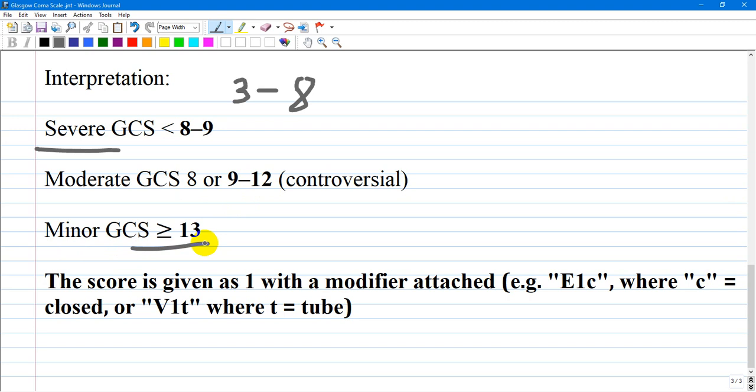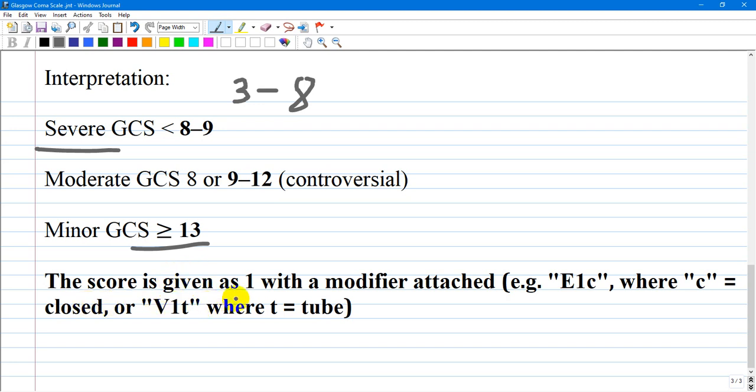For example, patients with tracheal intubation and severe facial or eye swelling or damage make it impossible to test the verbal and eye responses. In these circumstances, the score is given as 1 with a modifier attached.